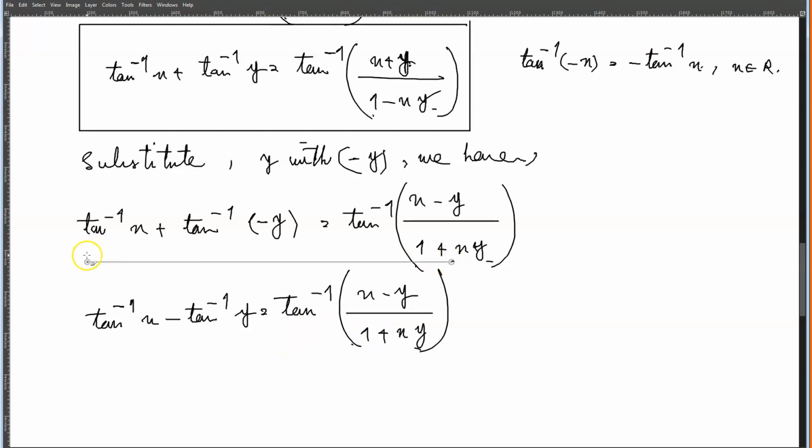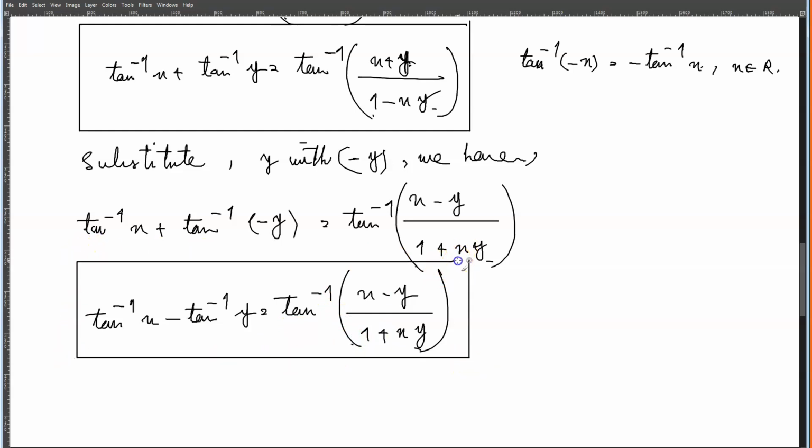And that is basically what we wanted to show here. That is the second result that we had here.